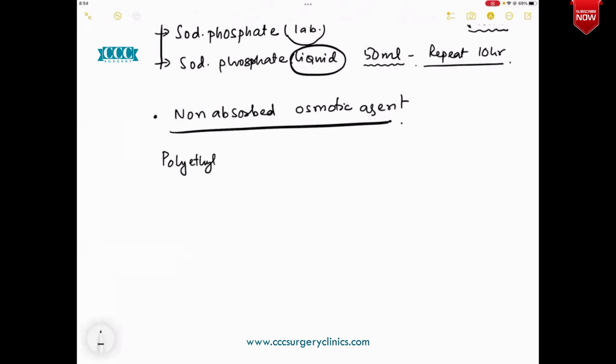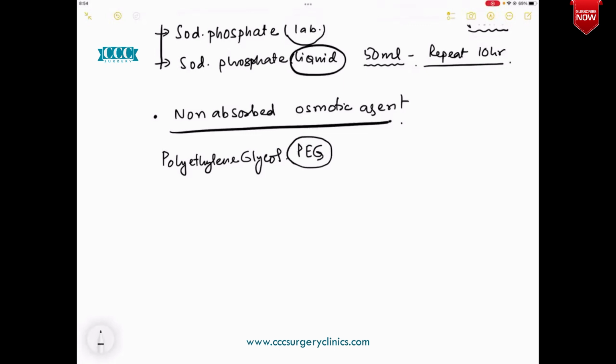We all know the name, and it goes by various names like Golytely, Peglyte, etc. So polyethylene glycol, or PEG, is a very favorite one.